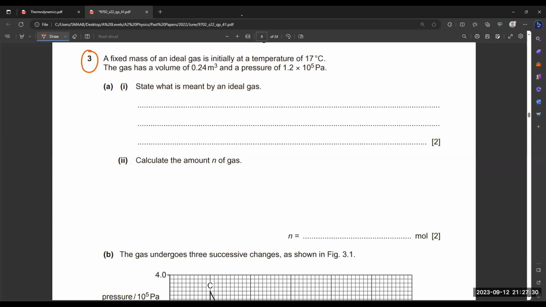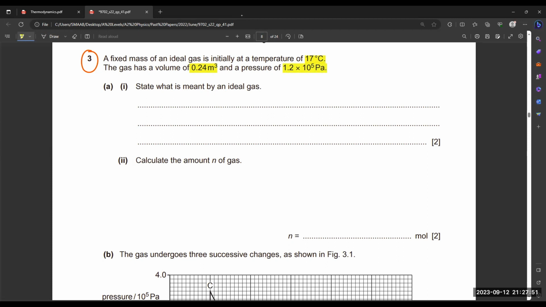In the first part of the question, they are giving the initial temperature and the gas has a volume of 0.24 meter cube. This is the volume, this is the initial temperature, this is the initial pressure, right?